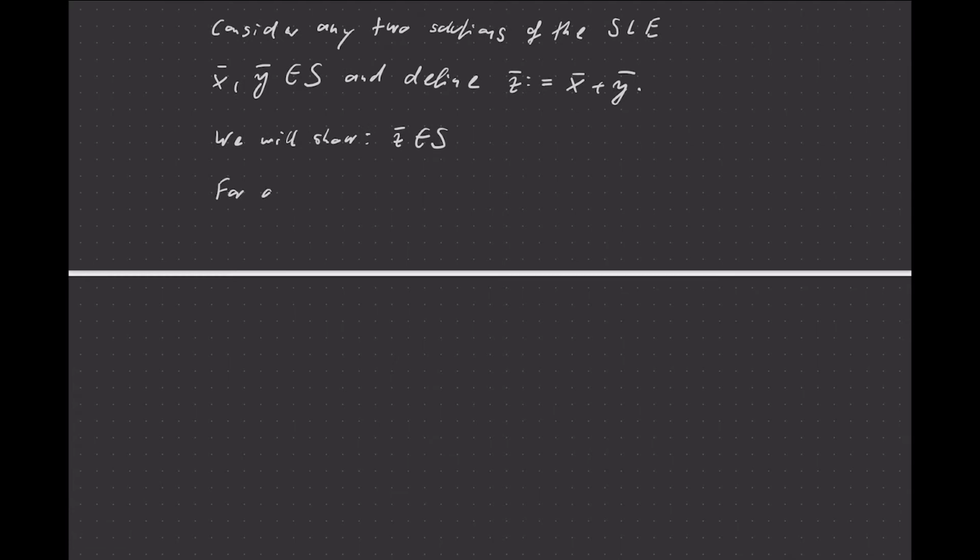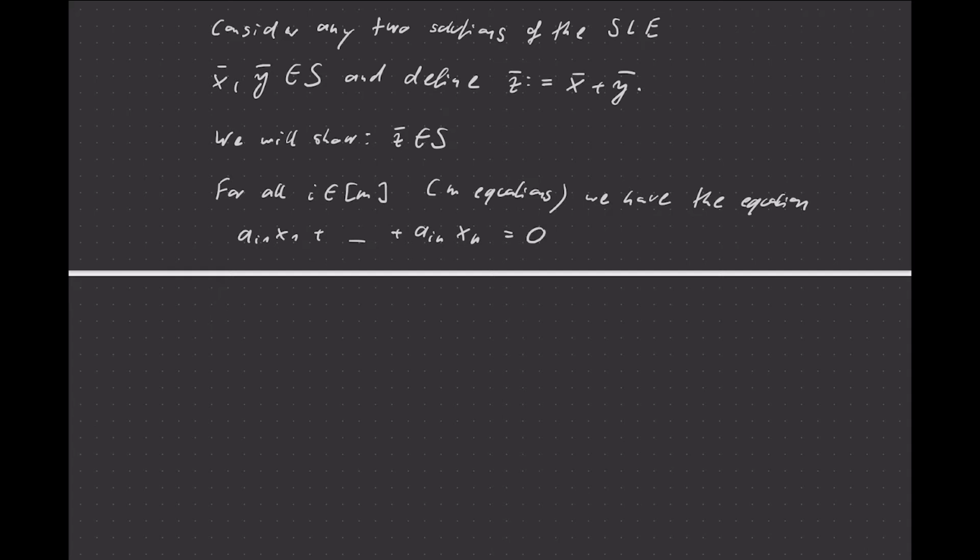So what do we know? For all equations, we have, let's say, m equations. For i from 1 to m, we have the equation a i1 x1 plus a i2 x2 and so on up to a in xn equals 0.